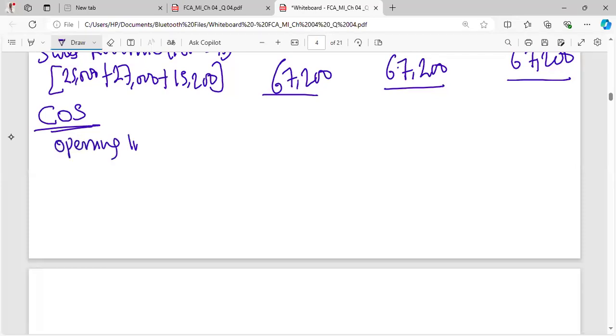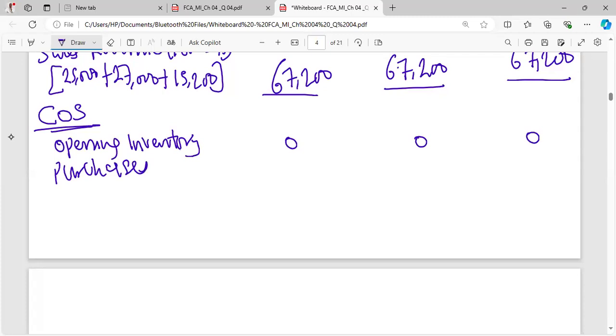Of course, you can say 0, 0, and 0. Purchases.